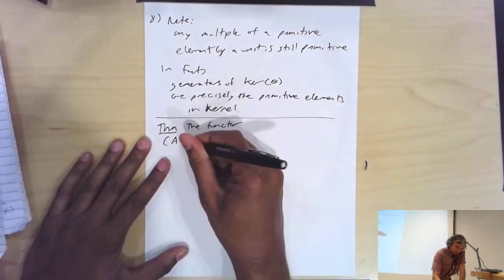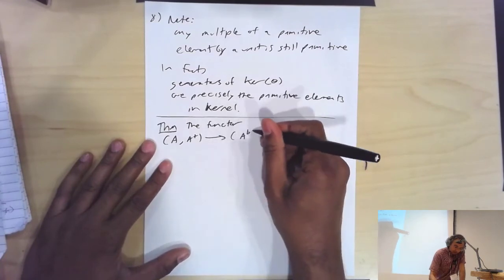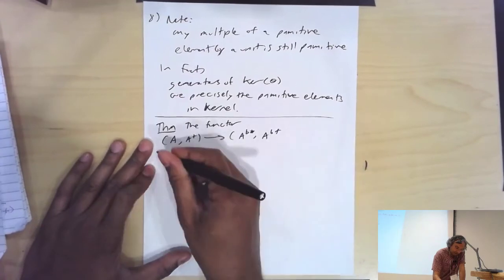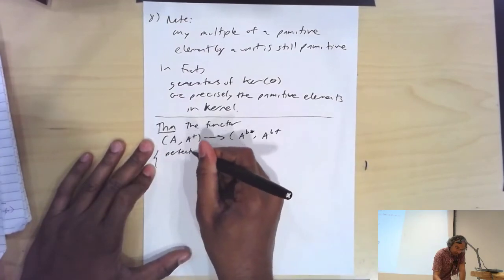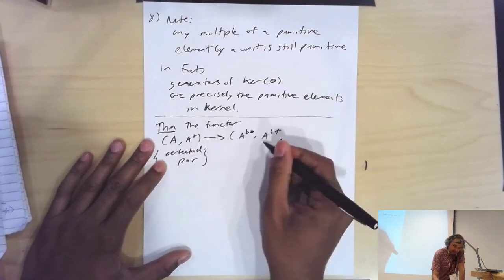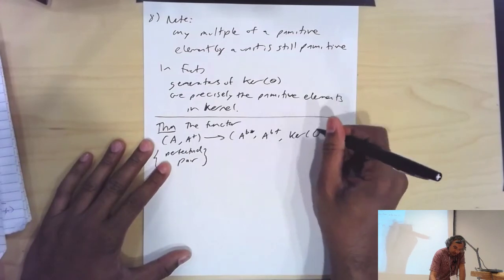So if I go from a perfectoid pair here, but I keep track not only of the pair A flat plus, but also the kernel of the theta map.